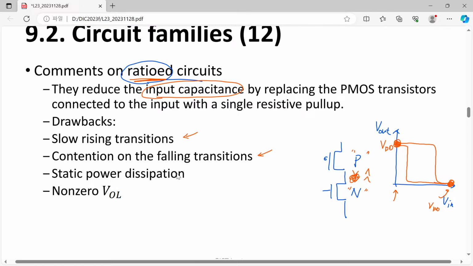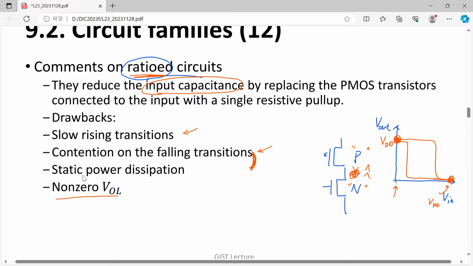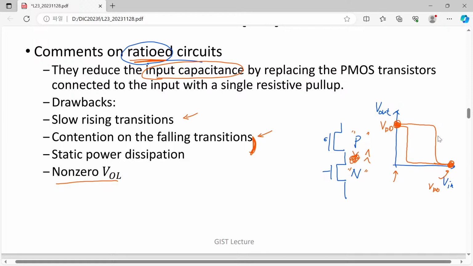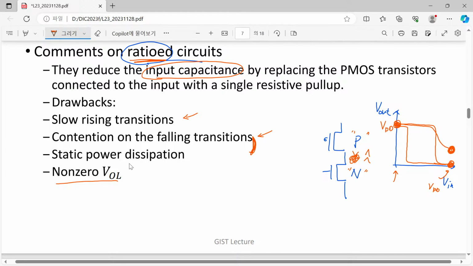Yes, so they are related in this way. And also output level, when we have certain high voltage, then in this case we can have non-zero values for input high value. That is not good for our application.